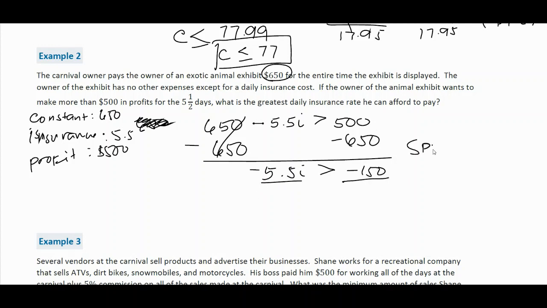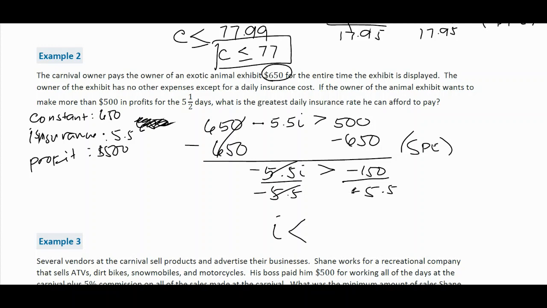All right. Now our next step is of course to remove this negative 5.5. So we're going to divide both sides by negative 5.5. So I is what? Are we still going to use the greater than symbol? No. Remember this, whenever you are multiplying or dividing by a negative number, any rational number, we need to reverse the inequality symbol.